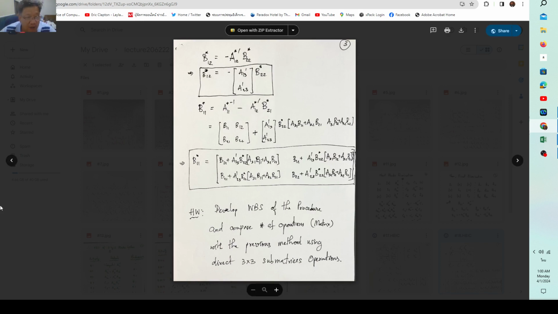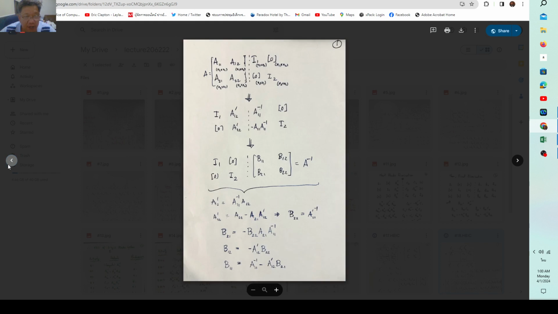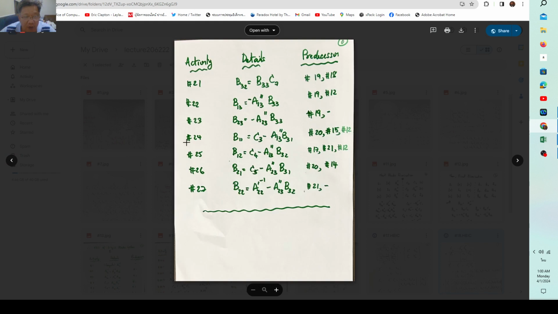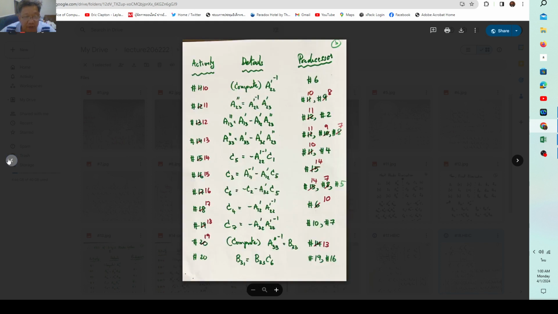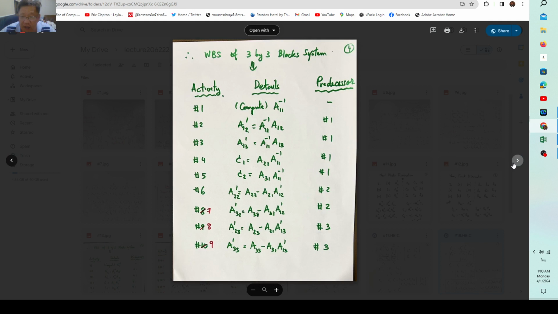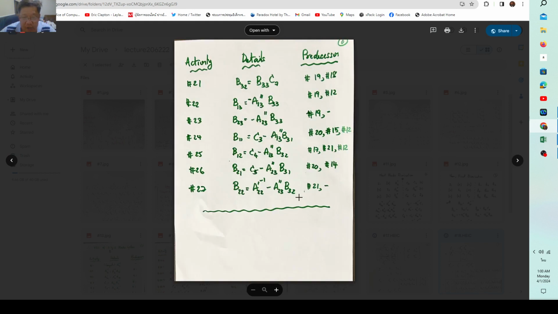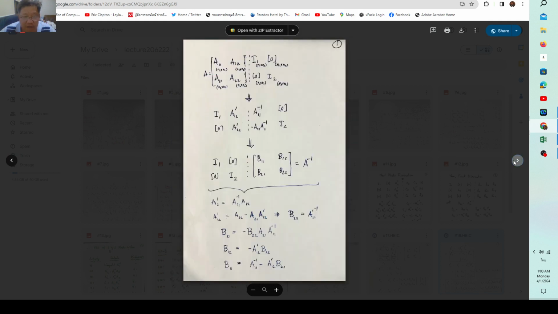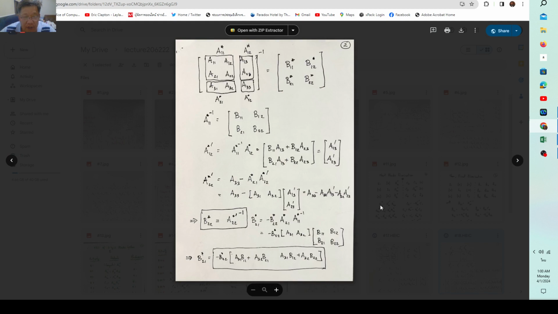Since we already did the full work breakdown structure by using the direct method here, right? And we broke down to 27 steps, right? But this one is another approach, okay?